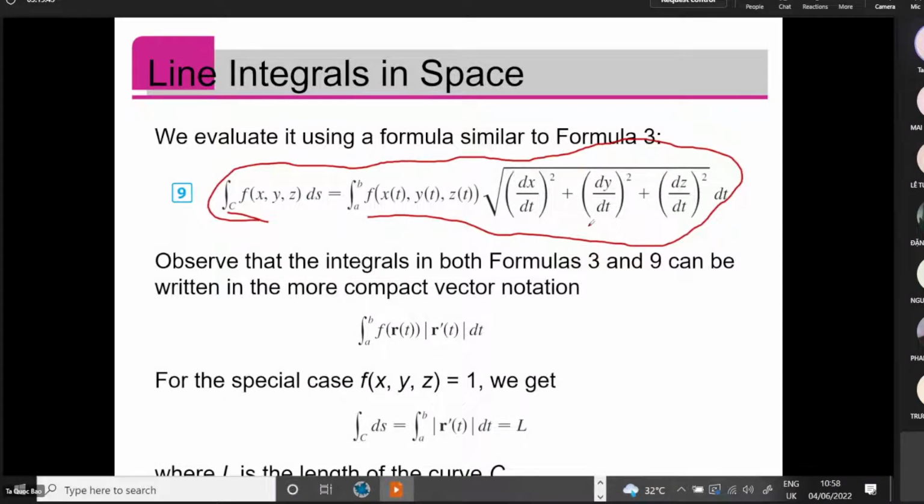These terms are the length of the derivative r'(t). So we can write it as f(r(t)) times the length of the derivative vector r'(t). In case f is equal to 1, then we obtain the length of the curve C in 3 dimensions.